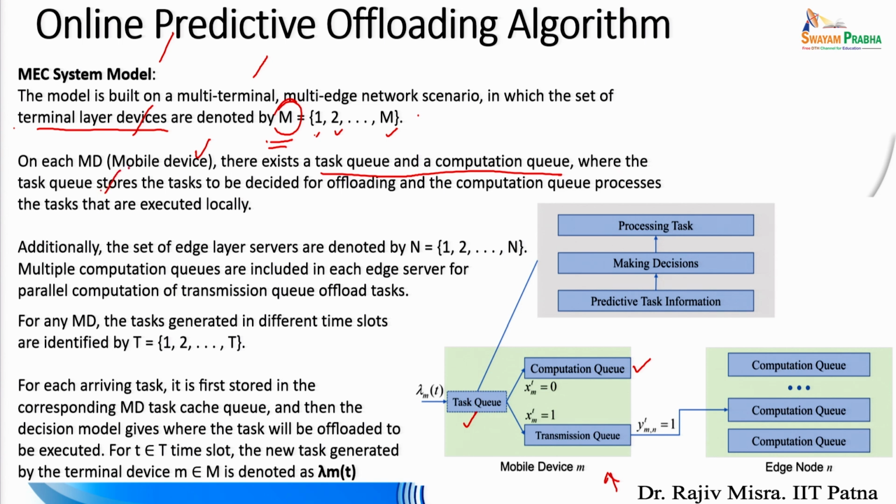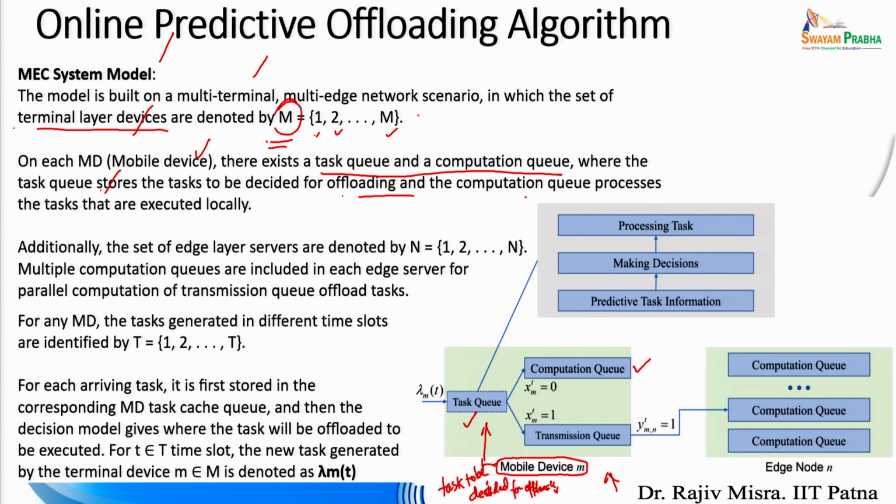The task queue stores the tasks to be decided for offloading, that is generated in a particular mobile device, let us say M. So, every mobile device will have this particular task queue, which will contain the tasks to be decided for offloading.